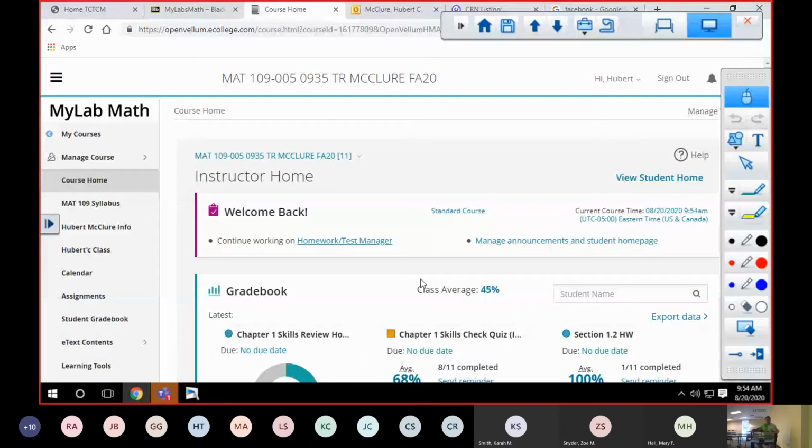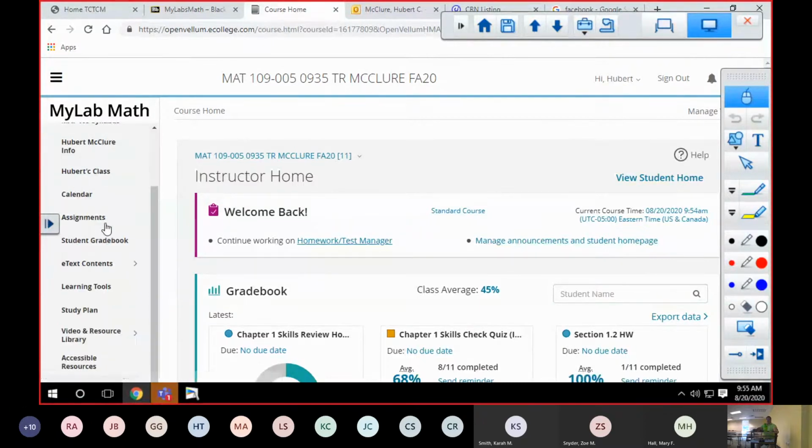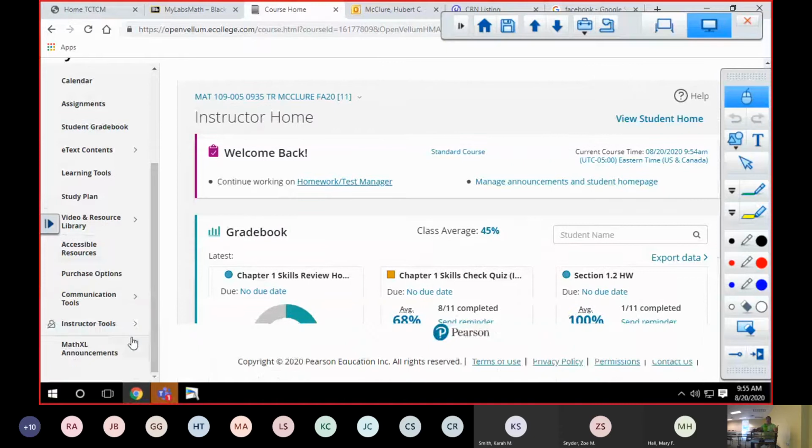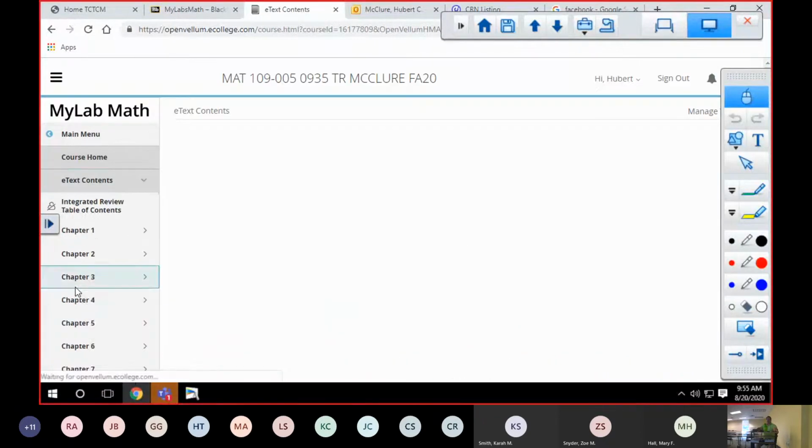Okay, well, I hope y'all are following along. Okay, so here we go. This is MyLab Math. Different carrier, and it looks about the same. Here's where all your stuff is. The first thing we're going to pull up is eText. eText means your book. Click on eText.